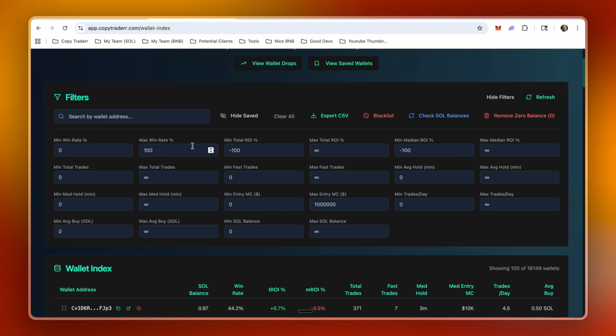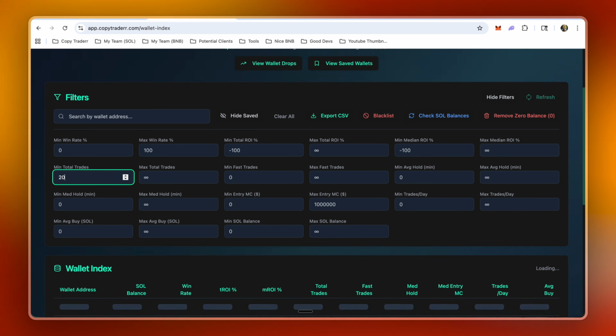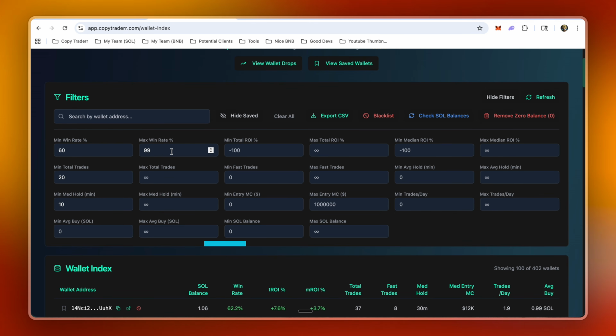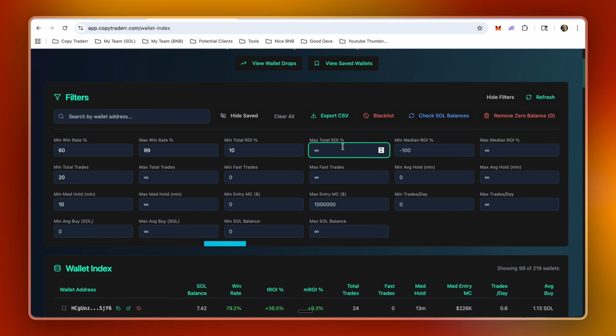I use the filters to filter out for wallets that meet a certain criteria. My favorite filters at the current moment are a minimum 20 trades, a minimum of a 10-minute median hold time, a minimum of a 60% win rate, a maximum of a 99% win rate, because 100% win rates are usually sketchy scammers, minimum ROI of 10%, maximum ROI of 70%, because anything above 70 starts to get sketchy as well.